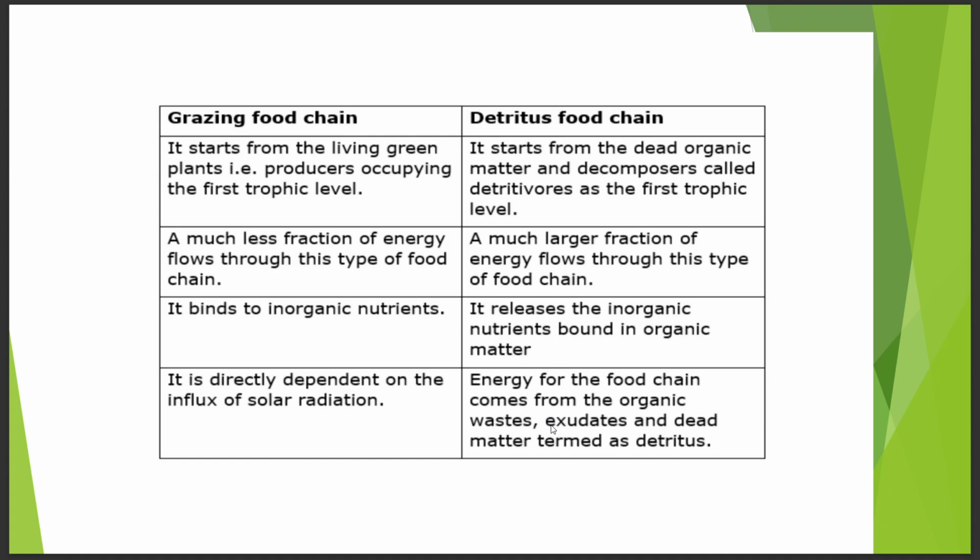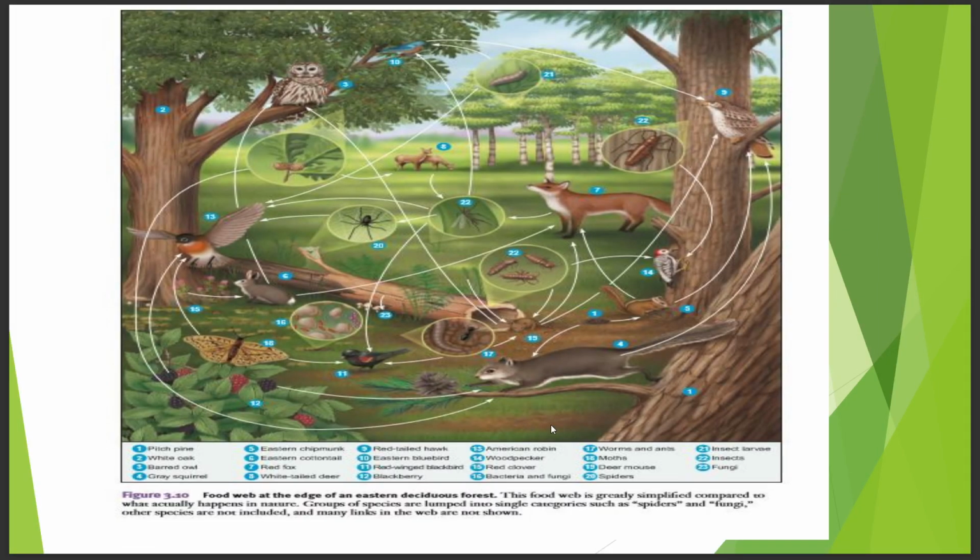The grazing food chain binds inorganic nutrients and is directly dependent on solar radiation. The detritus food chain releases the inorganic nutrients bound in organic matter through death and decay. Energy for this food chain comes from organic waste and dead matter, termed as detritus.